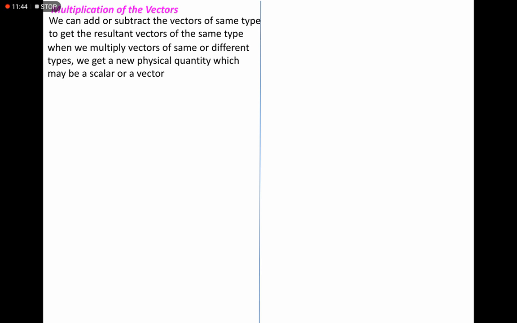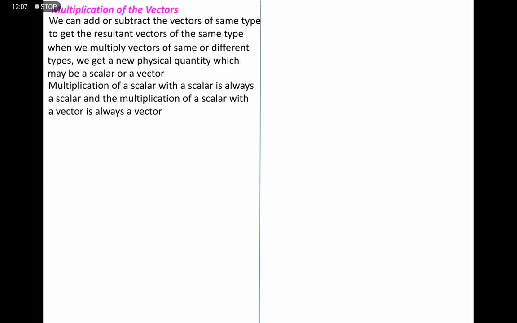Similarly, mass is a scalar quantity, acceleration is a vector quantity. If we multiply these two quantities, we will get a third physical quantity, that is force. Force is a vector quantity. So we'll definitely say over here, if we multiply scalar with a scalar, the third quantity will always be scalar.